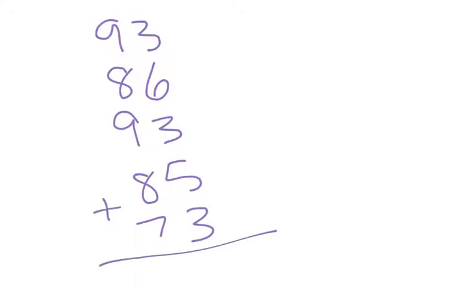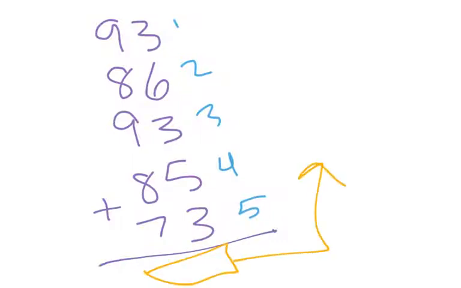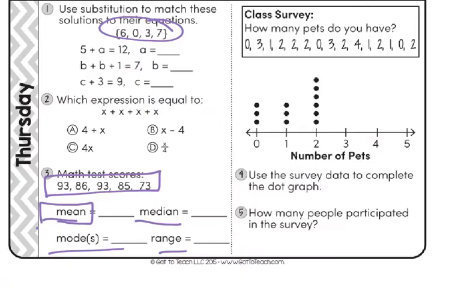So I'll add those numbers, and then since I added 1, 2, 3, 4, 5 numbers, whatever my answer is here, I am going to divide by 5. And that will give me my average, or mean. The median is the middle number.